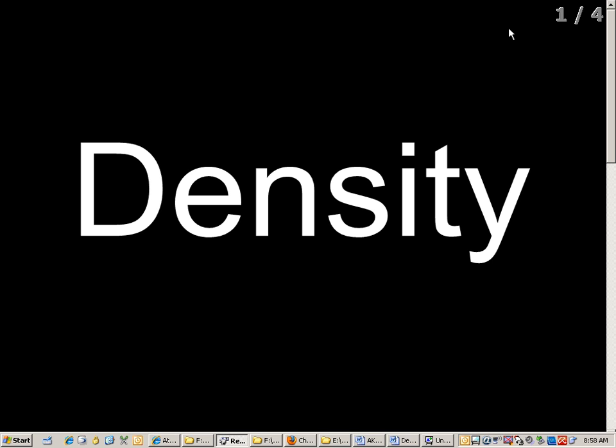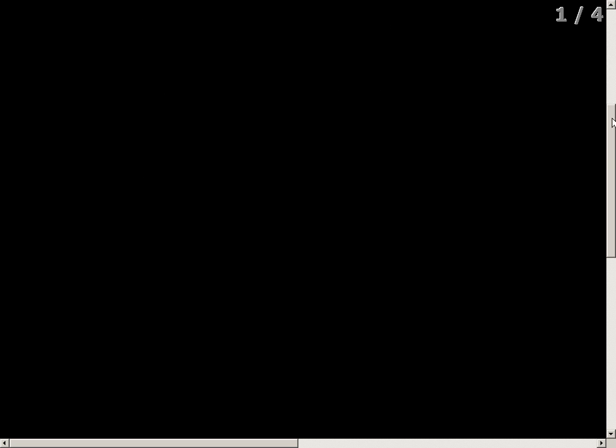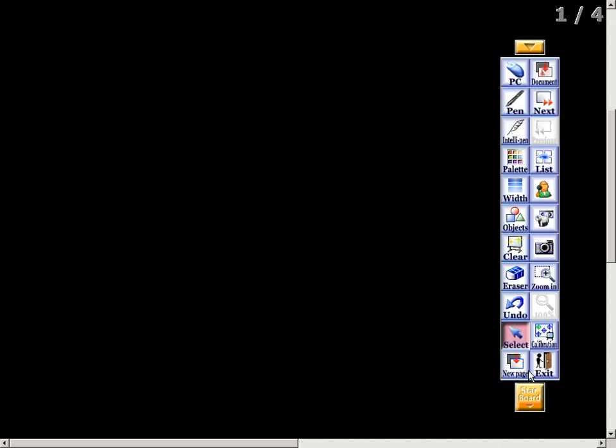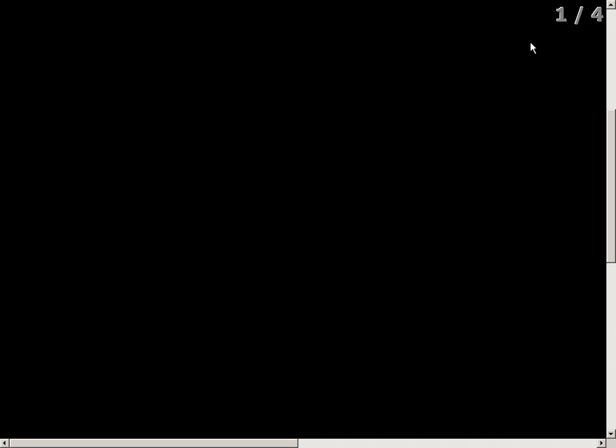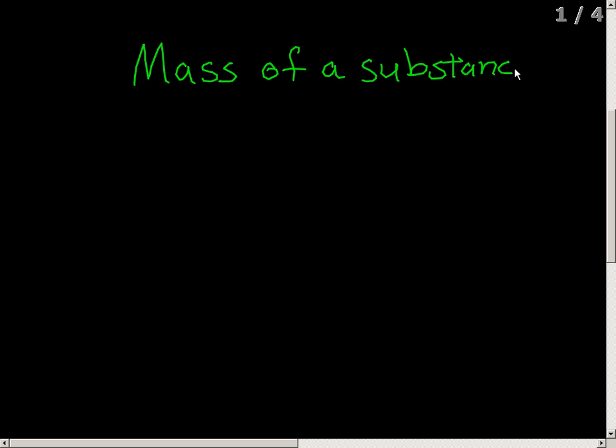Now, density, it's the amount of mass of a substance, the amount of mass a substance has in a given volume.